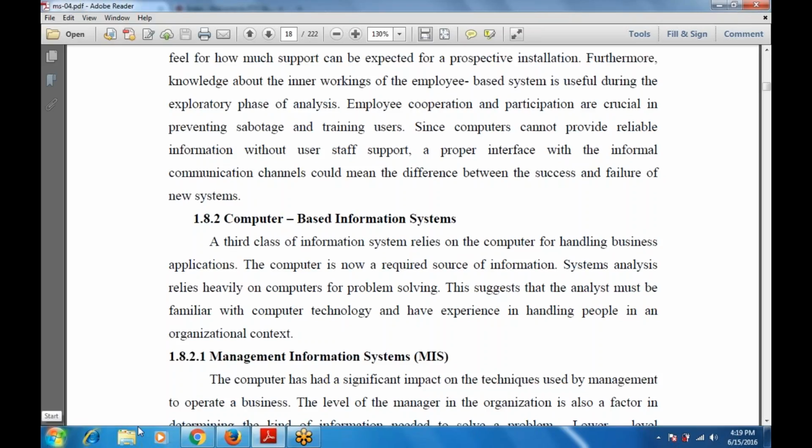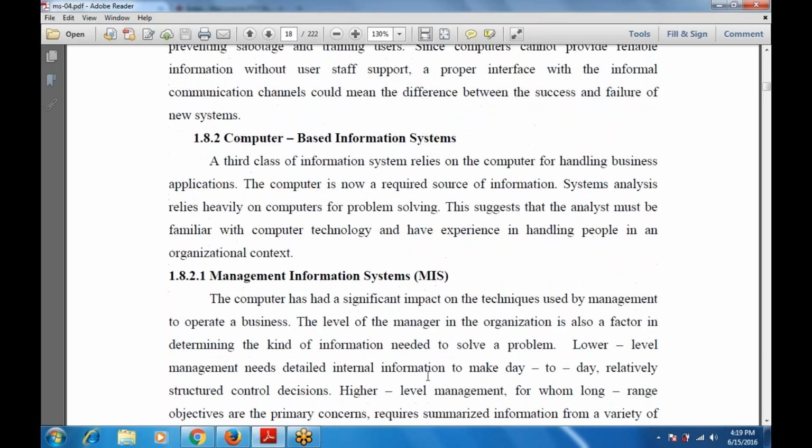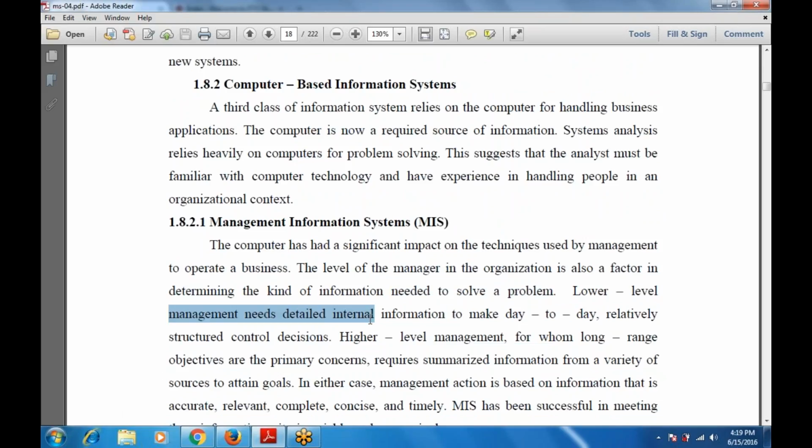So when we talk about the MIS, the computer has a significant role in the technique that is used by the management to operate a business. And the level of the manager in the organization is also a factor in determining the kind of information that is needed to solve a problem. So lower level management needs detailed internal information to make day-to-day, relatively structured control decisions.